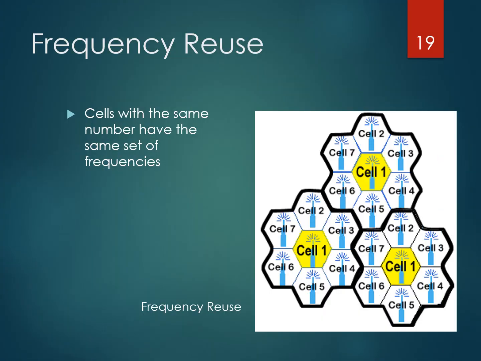Here we are seeing three clusters, each cluster with a size of seven cells. So first cluster: cell 1, followed by 2, 3, 4, 5, 6, 7. Similarly another cluster. So totally we are seeing three clusters here.